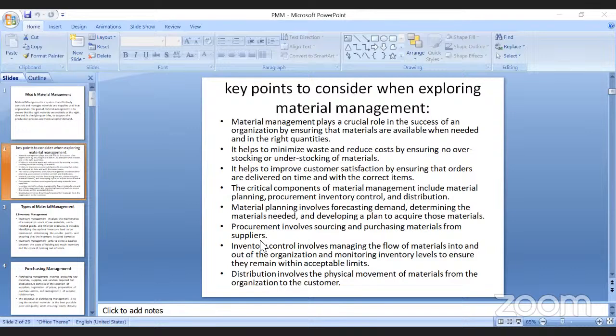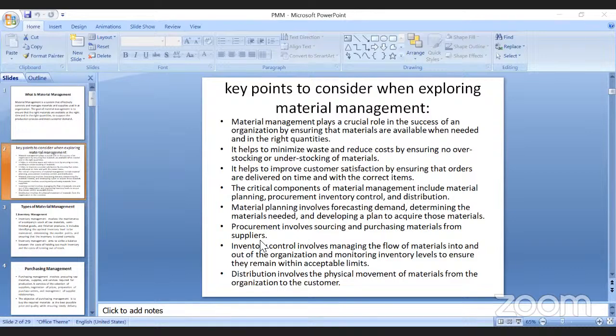That means you have to check it. Then you have to maintain the stock flow, either into or out. Suppose you have to take stock in an organization, in a factory system. That means you have to monitor the inventory levels.